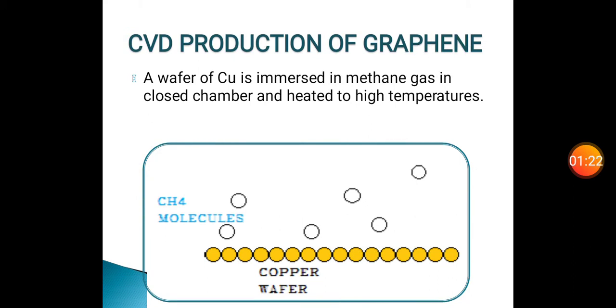CVD production of graphene. The very first step is, as shown in the figure, a copper wafer is immersed inside a closed container containing methane gas. The whole apparatus is heated to highly elevated temperatures.